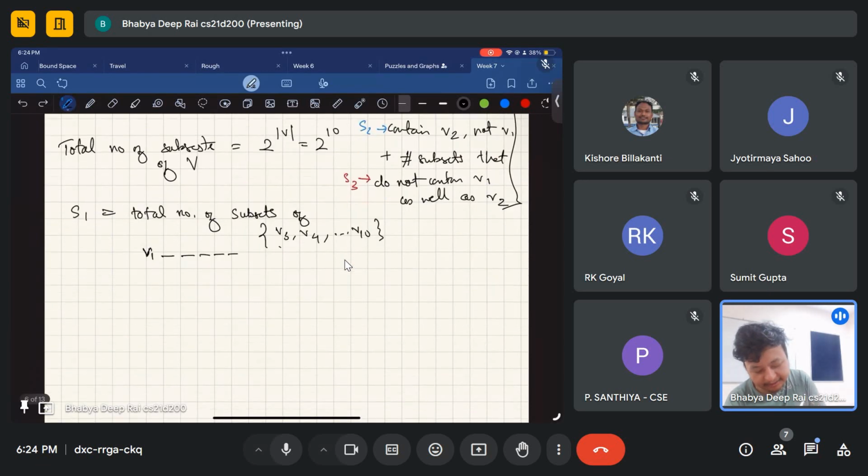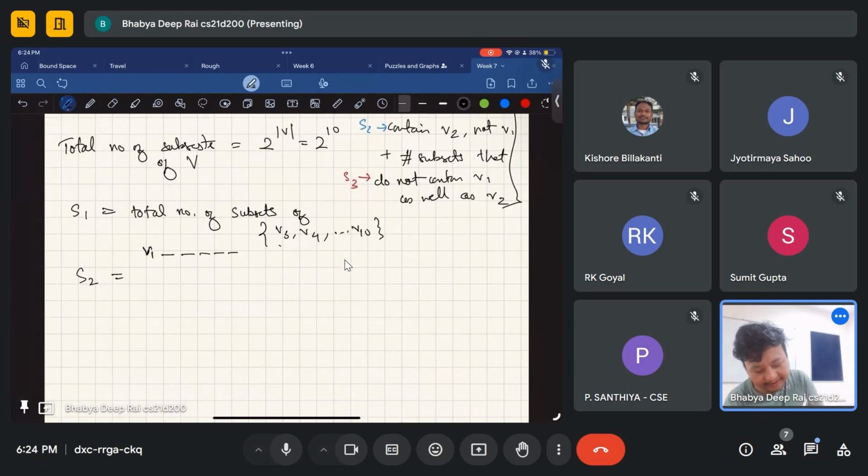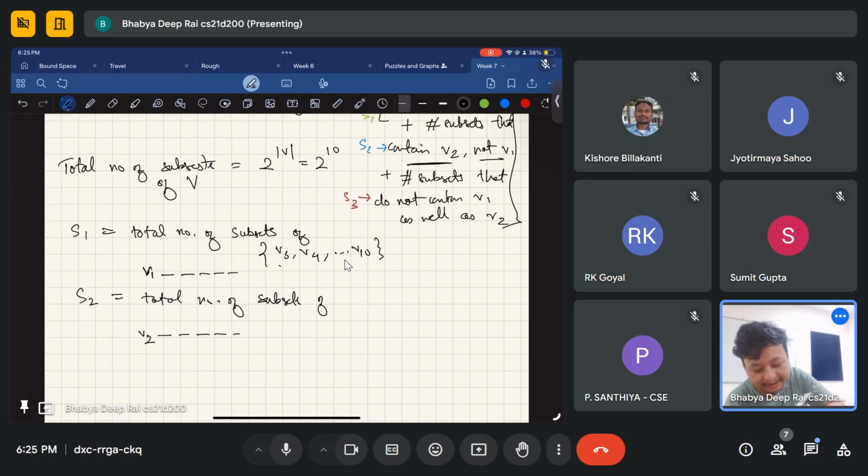And s2 is again the total number of subsets where we fix v2, but I'm not allowed to choose v1. It should contain v2 but not v1. So v2 I fix, and I choose whether to include v3, v4, and so on till v10, but I do not allow v1.